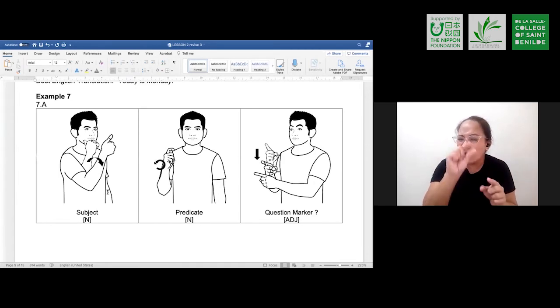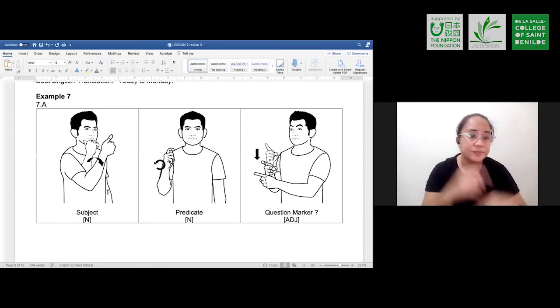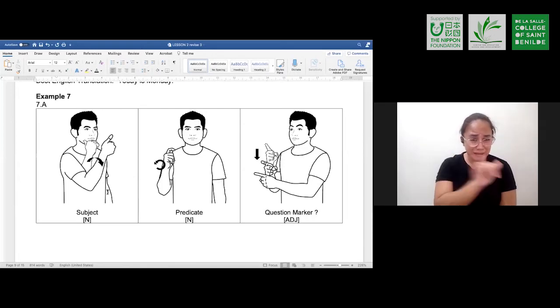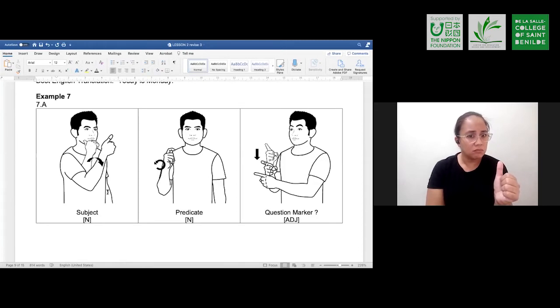So when you look at the signs, tomorrow, Tuesday, right? And then tomorrow, Tuesday, is that really the same meaning or not? Exactly the same. The same.